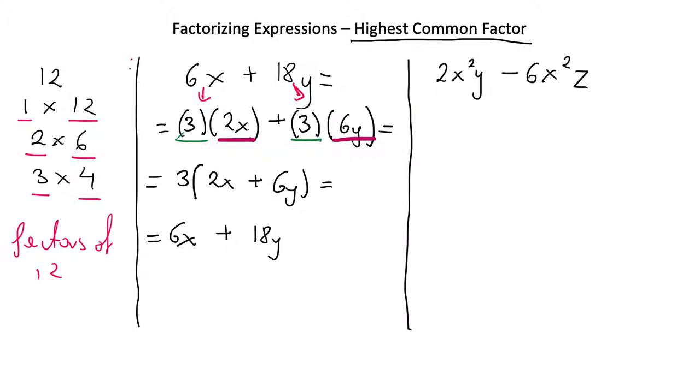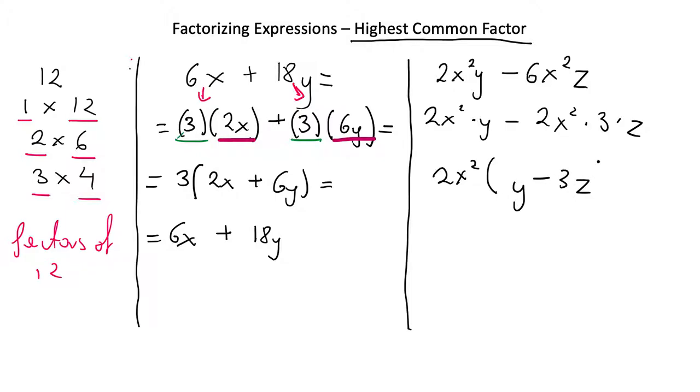How do I know this? Well, I can rewrite each of those terms as follows. That's 2x squared times y minus 2x squared times 3 times z. So now you can see that I have a common factor in those two terms, and I can take that common factor out of the bracket. So I end up with 2x squared, and inside of the bracket I have y minus 3z.